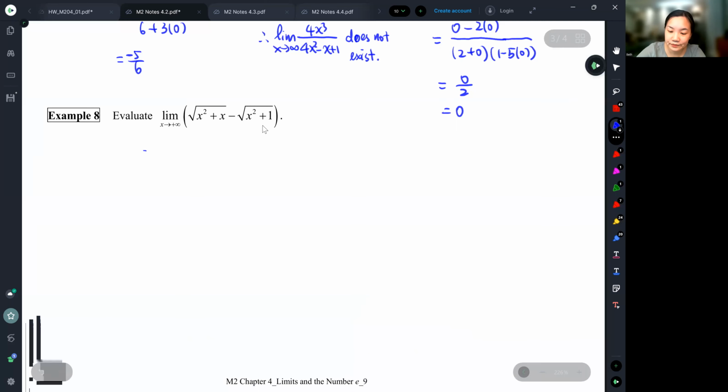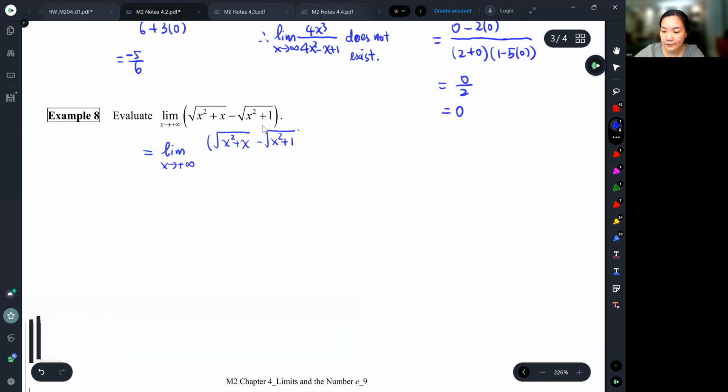For this one, I will write limit. And there is no fraction. I will create one by, you may not believe me, multiplying the conjugate and dividing the conjugate.